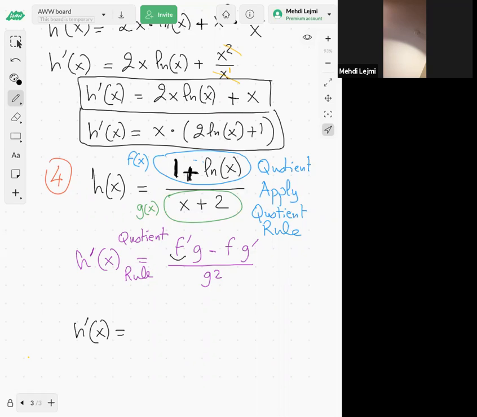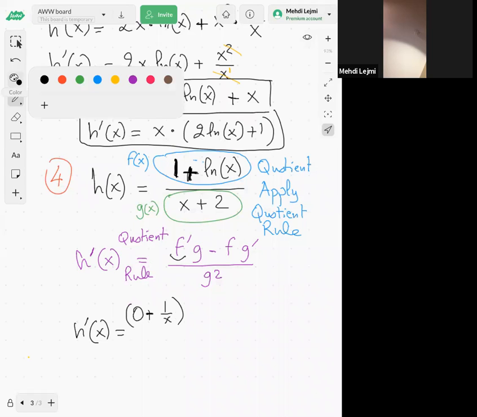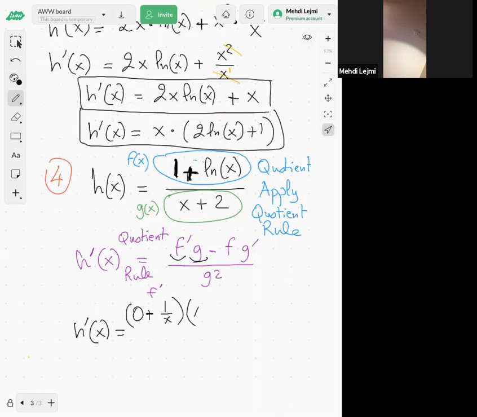So that's 0 plus the derivative of natural log of x, which is 1 over x. So it's 0 plus 1 over x. That's my f prime. Now next, times g. g is the denominator, x plus 2. So times x plus 2.